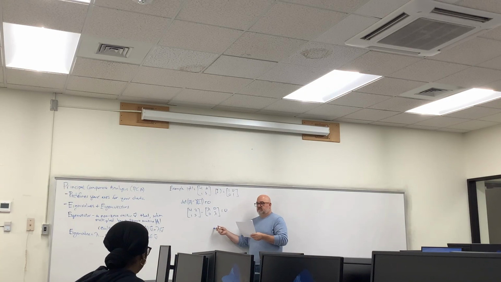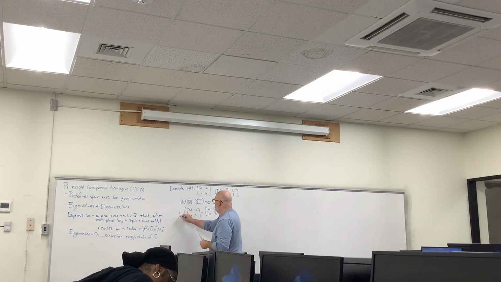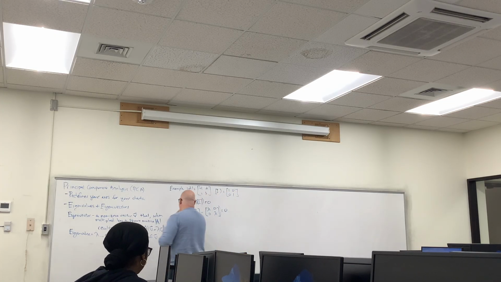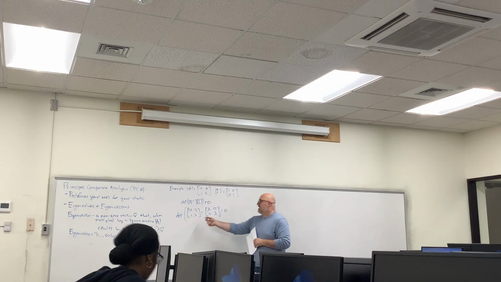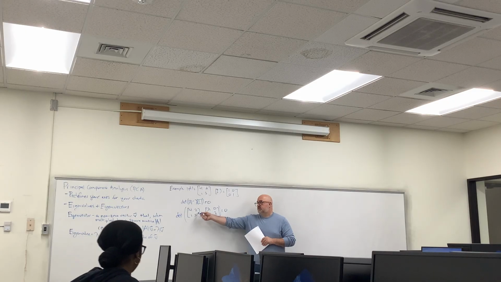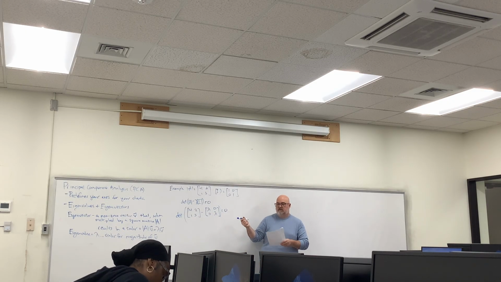Subtracting matrices, I'm sorry, we need the determinant of all this. How do I subtract these? Do you remember? If you're subtracting matrices and they're equivalent size matrices like this, you just subtract the components.